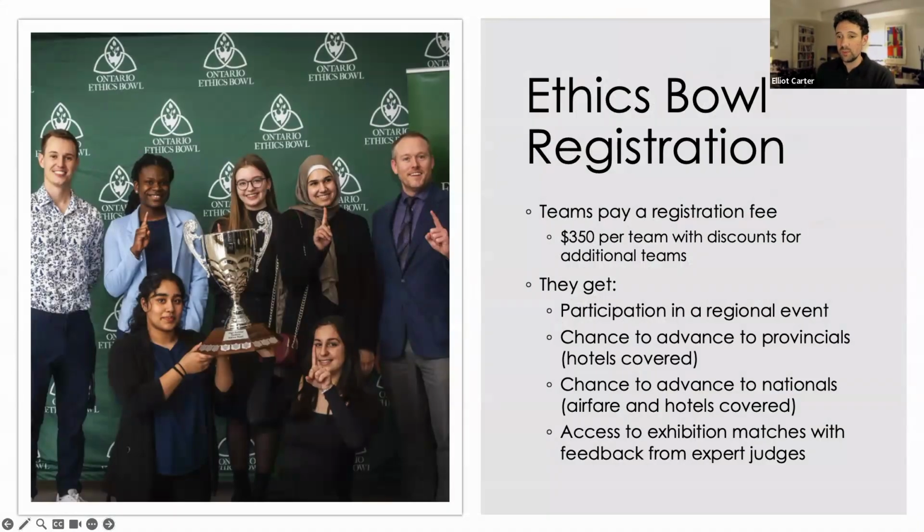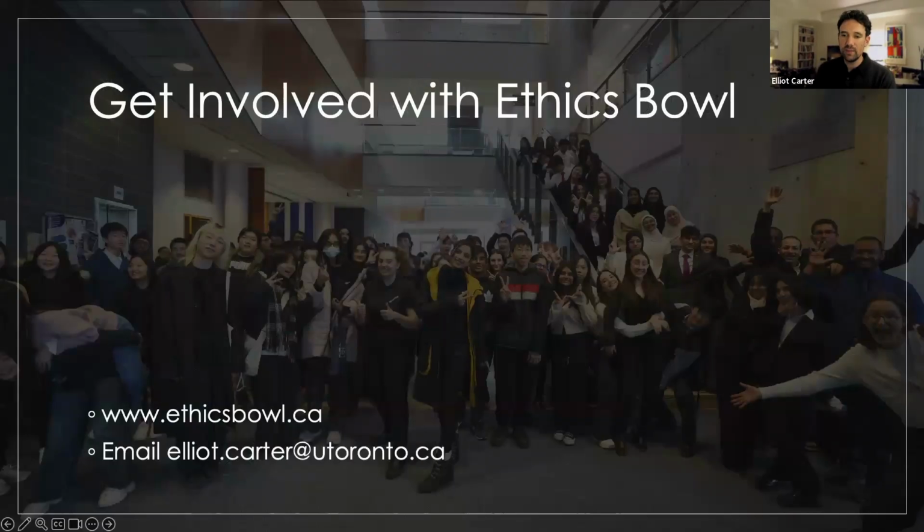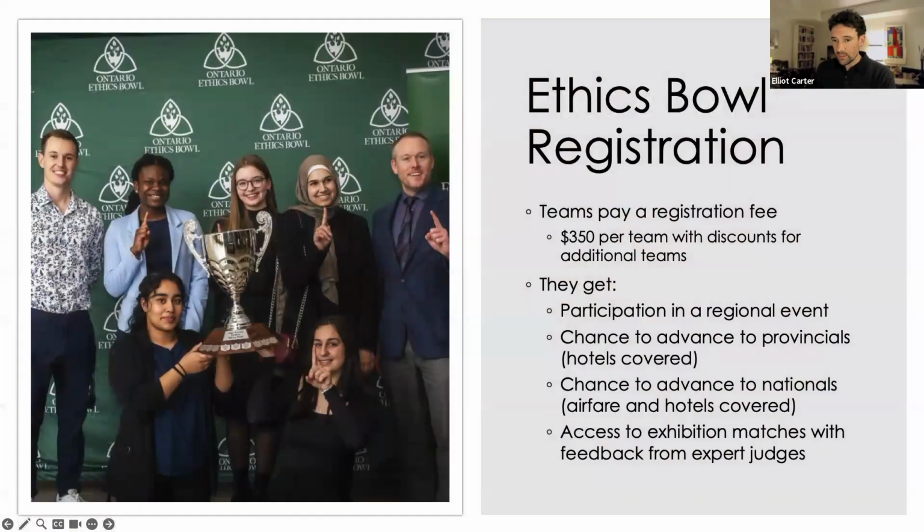And at the provincial championship, we cover the cost of hotels for all teams that come to stay in Mississauga. And they also get a chance to advance to the national championship in Winnipeg. And if they advance to nationals, then airfare and hotels are covered for them as well. So the travel expenses are all paid for at that point. And they get access to exhibition matches with feedback from our expert judges.